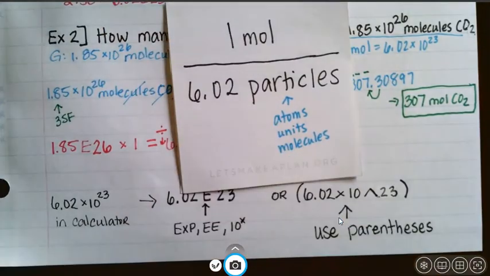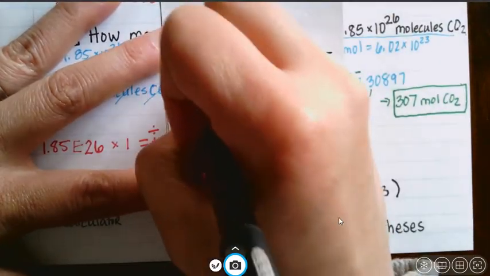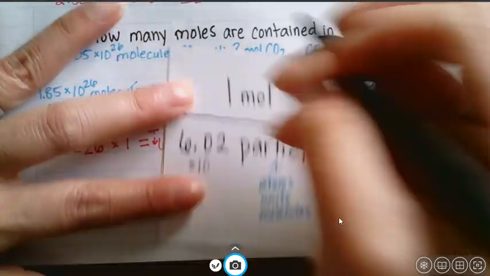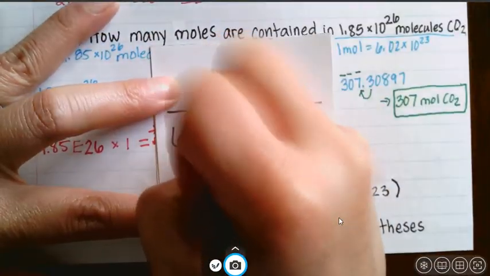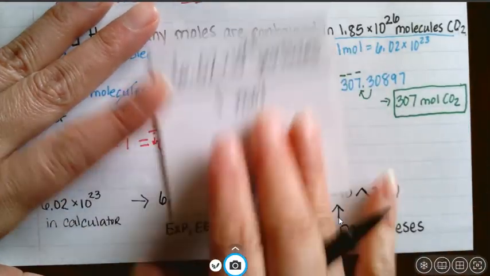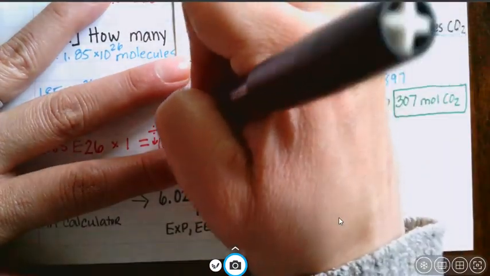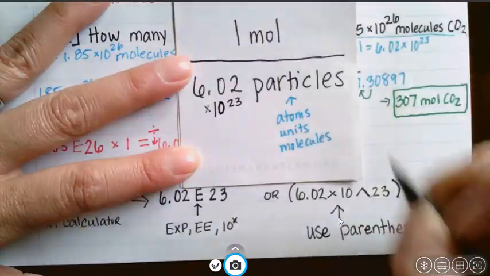Oh my goodness, my conversion factor is wrong. And I've been using it this whole time. Well, I'm not going to start over the video, guys. So 6.02 times 10 to the 23rd particles. This one was right. This one was wrong. So if you made a card, fix it.